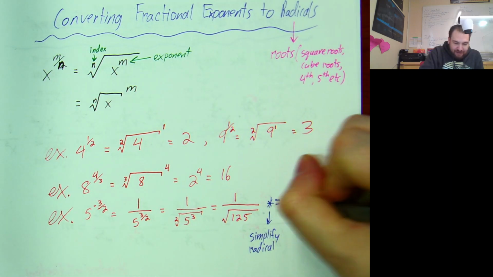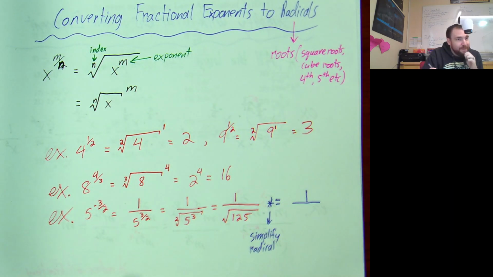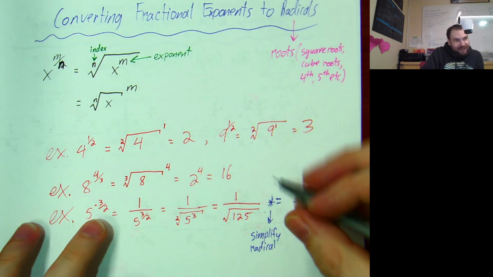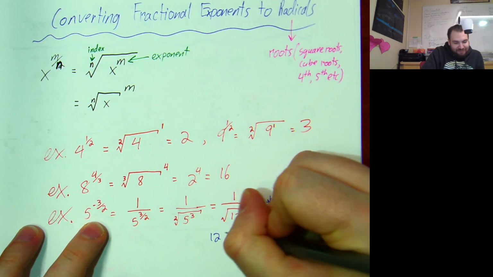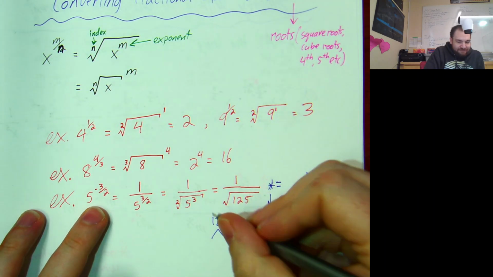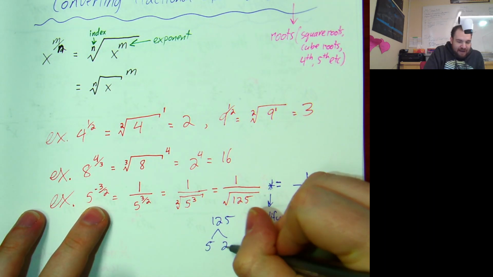It's still going to be 1 over, but 125 is really big. Could I break 125 up into things that I can take the square root of? Do the factor tree thing, yeah, I could do that. So 125 can be broken up into 5 and 25.